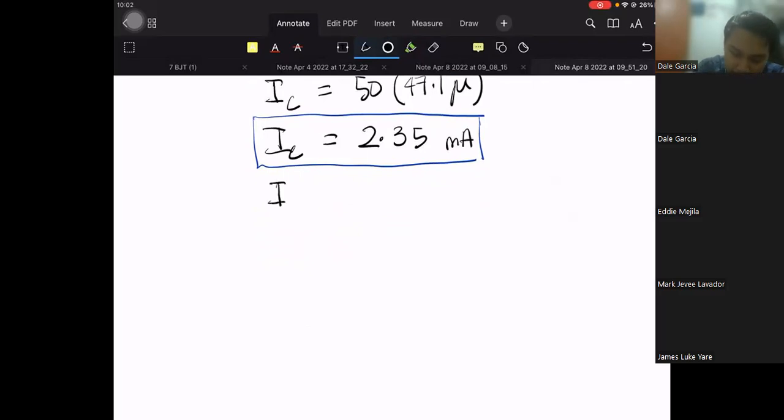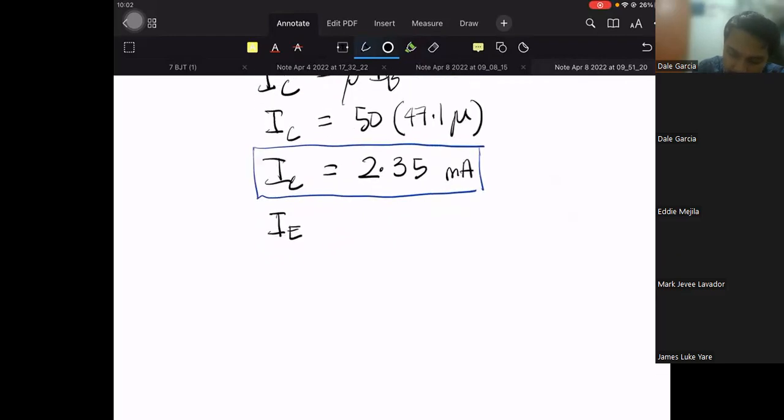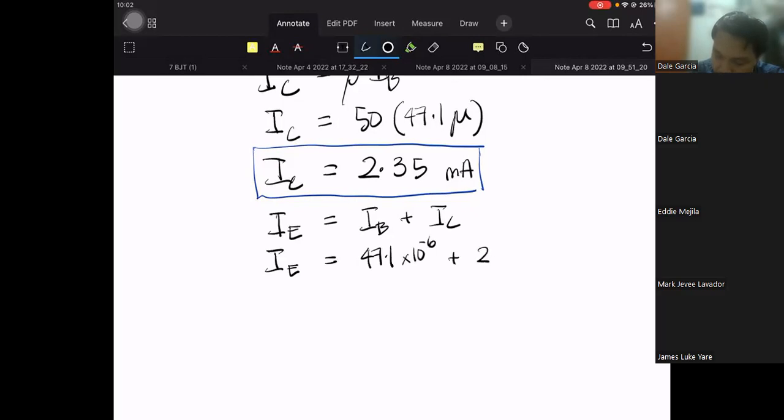Let's solve for IE. Based on the formula, IE is equal to IB plus IC. Remember, IB and IC have different units. So when you add them on the calculator, make sure to consider the units. For example, 47.1 micro, which is times 10 to the power of negative 6, plus 2.35 milli, times 10 to the negative 3.